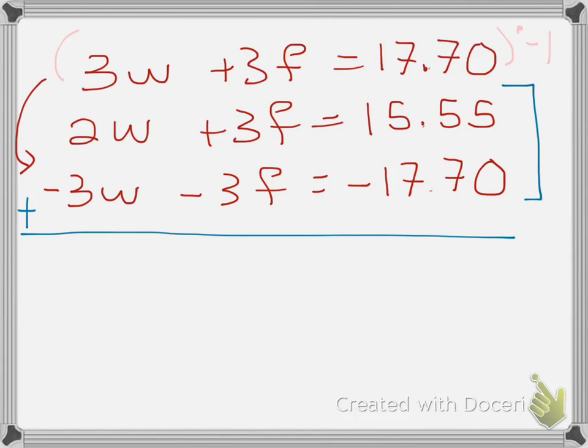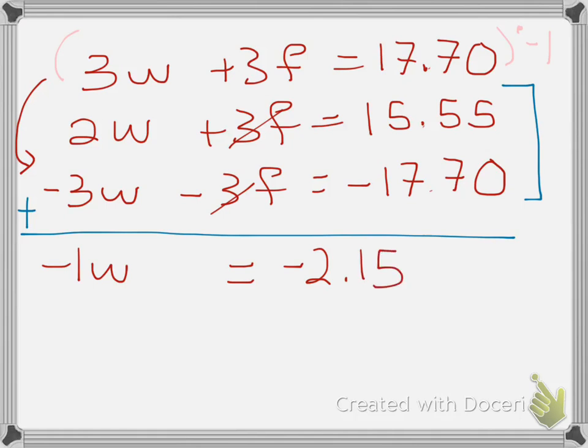If you do that, you'll have 2W minus 3W, which will give me -1W. The 3F and the -3F cancel. Then you have your equal sign. Then you have your 1555 minus your 1770, and that's going to give you -2.15.